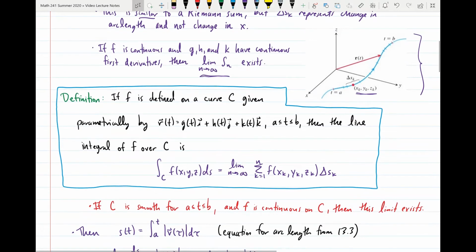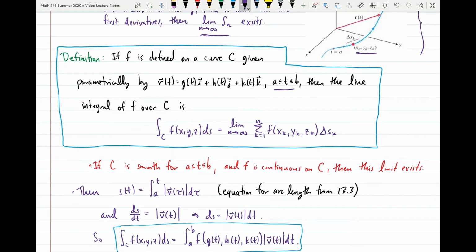And this leads us to our definition of the line integral. So if f is defined on a curve c, given parametrically by r of t equals g of t i plus h of t j plus k of t k, where t is ranging from a to b, then the line integral of f over that curve c is the integral, and notice here that we have this sub c, similar to what we did for double integrals with the regions.